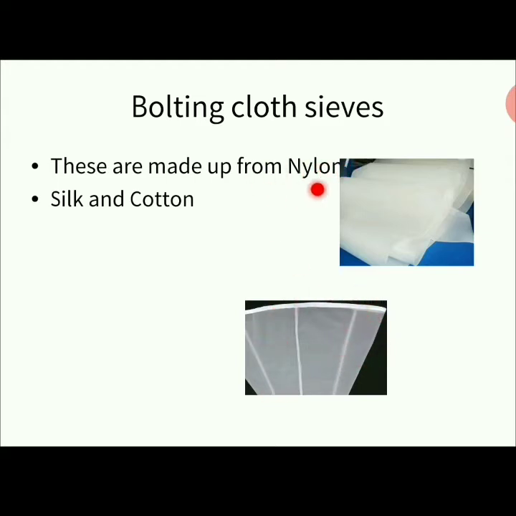These nylon cloths are generally designated by their micrometer opening and available in different grades. These are used for the separation of fine powders. Okay, these bolting cloth sieves are used for the separation of very fine powders.